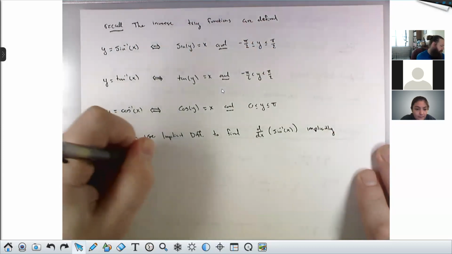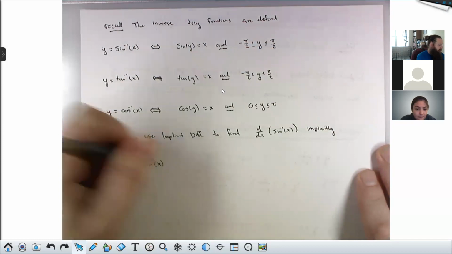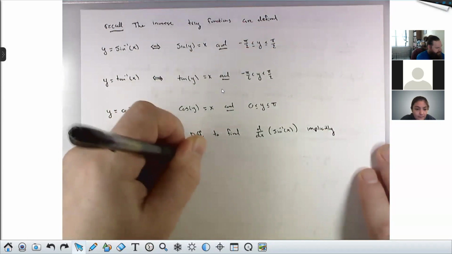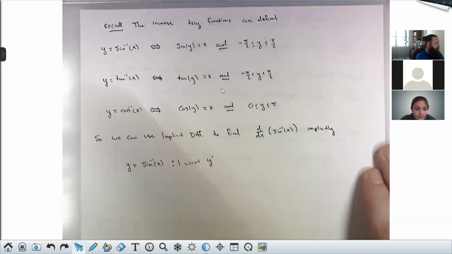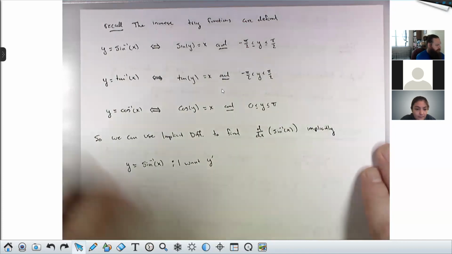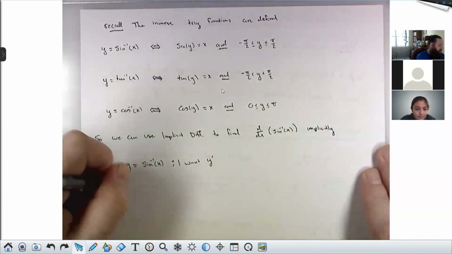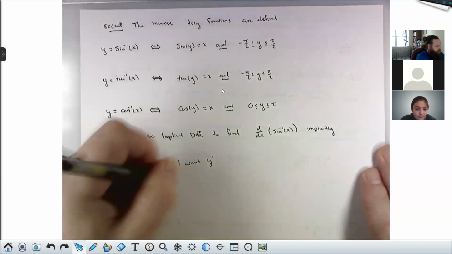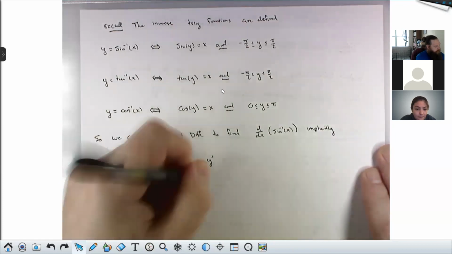y equals sine inverse x, and I want y prime. Well, y equals inverse sine of x is the same as saying sine of y equals x.